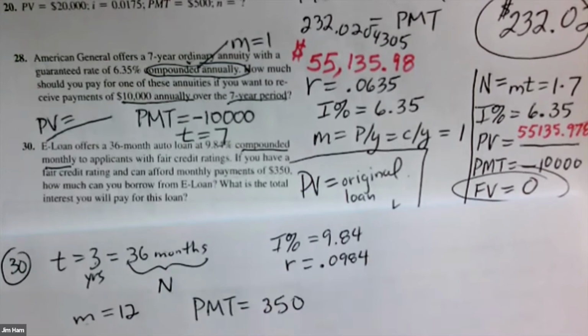And that's what this problem is. It's like the car dealer asking you, how much can you afford? And then you tell them, well, I can afford $350 a month. So what they'll do is calculate the present value, and that would be the loan you could take out. So let's say that if this present value was $12,000, they would know that you can afford a loan of $12,000.